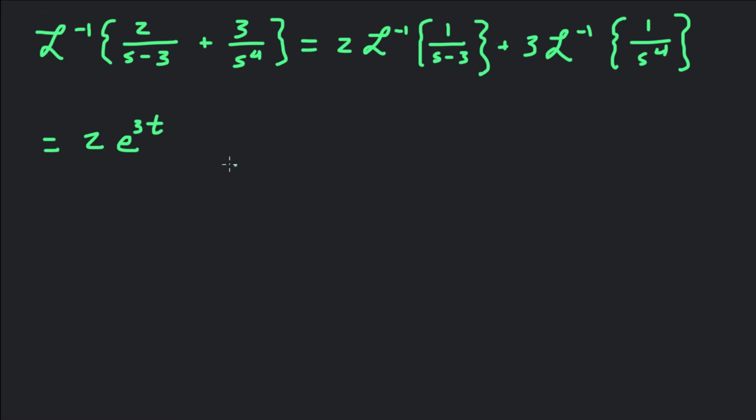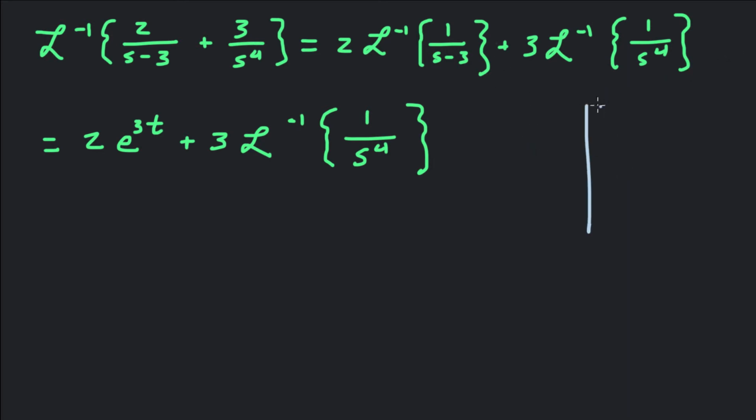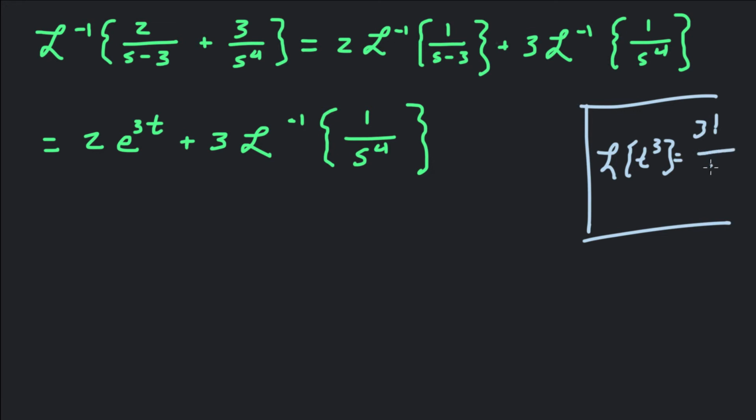However, the second one is not as obvious. So we have 3 times the inverse Laplace of 1 over s to the 4. Well, this almost looks like the Laplace transform of t cubed, but the Laplace of t cubed would be 3 factorial over s to the 4.